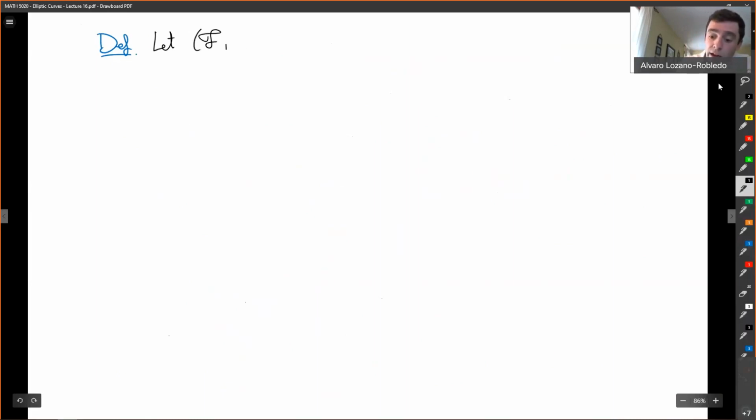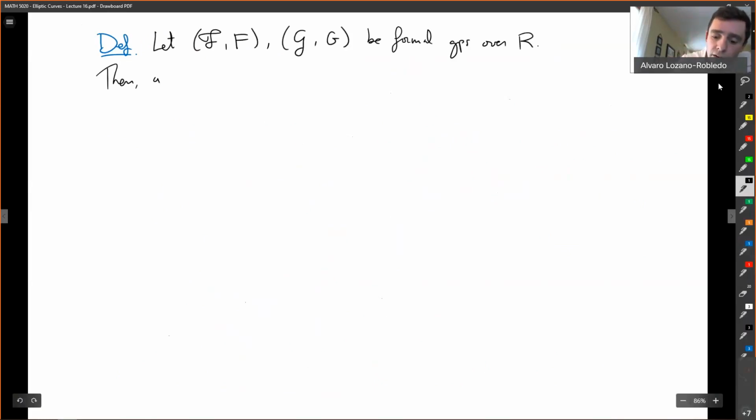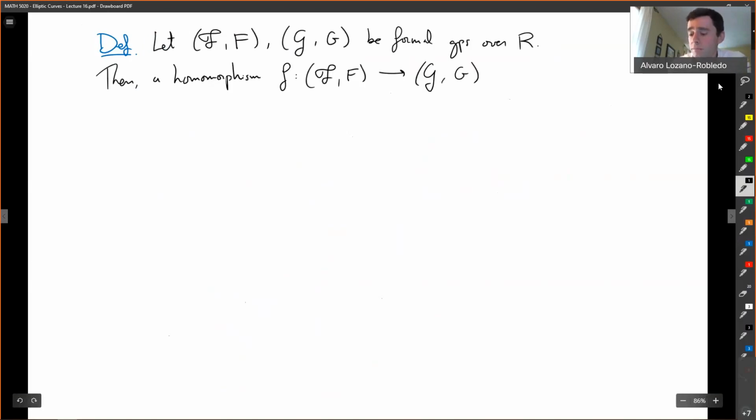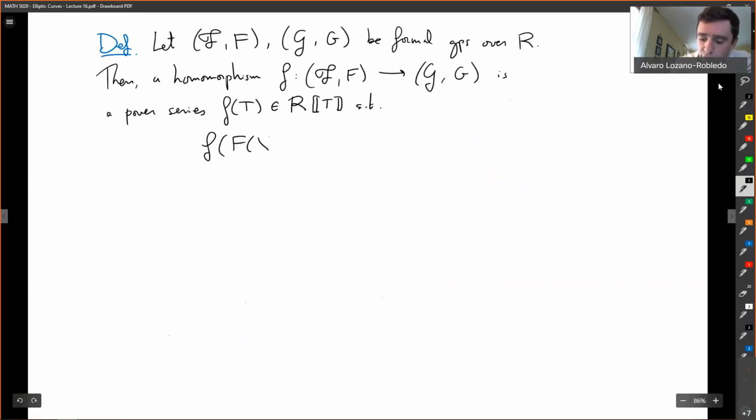Let F and G be formal groups over a common ring R. Then a homomorphism f from one to the other is a power series, so f is simply a power series with coefficients in R, such that f of capital F(x, y) equals G of f(x), f(y).